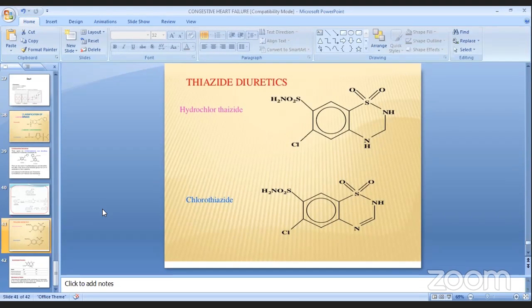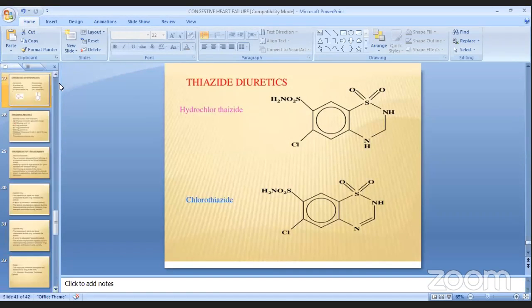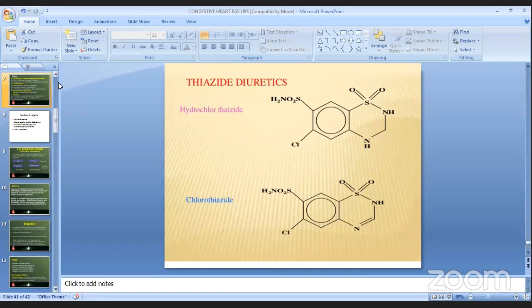The next category of drug I have discussed is the ACE inhibitors. Already you know the ACE inhibitors: enalapril, lisinopril, and all drugs belonging to that category.